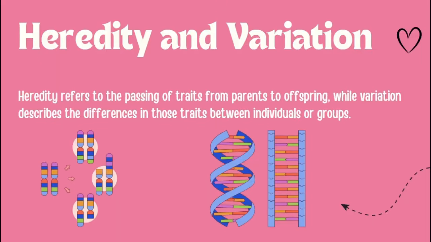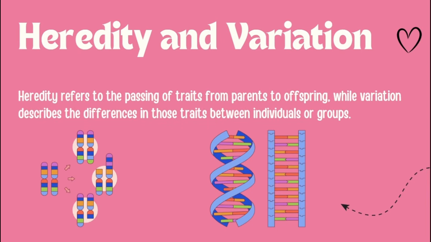So, as we said before, hereditary. We're talking about how genes are passed on from parents to offspring, right? For example, let's just say my parents have brown hair. One parent has brown hair and one parent has black hair, and then I am the offspring, right?